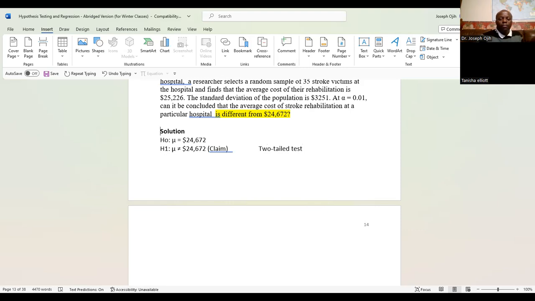It said that our alpha is 0.01. You can see right there. Just copy that and paste it here. Alpha is 0.01.